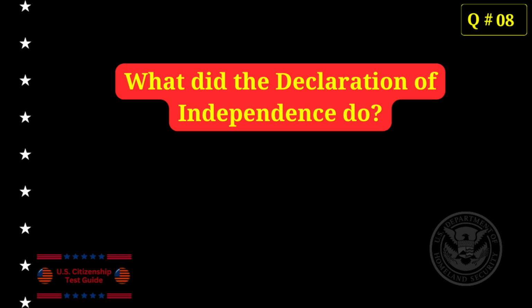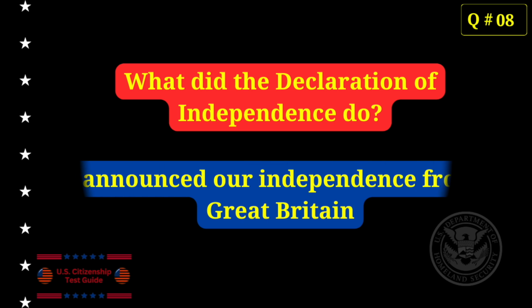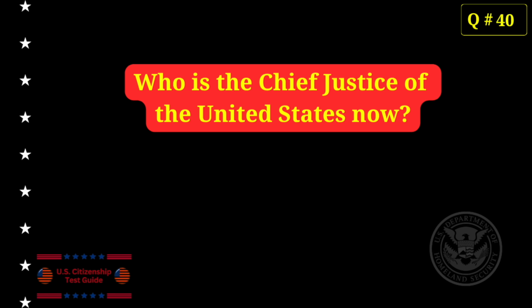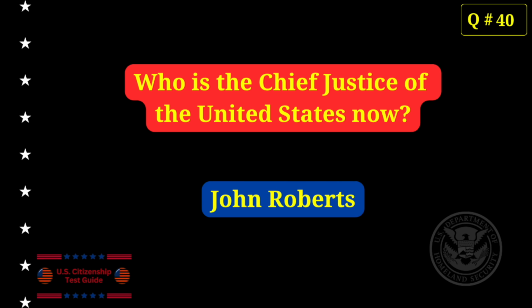What did the Declaration of Independence do? Announced our independence from Great Britain. Who is the Chief Justice of the United States now? John Roberts.